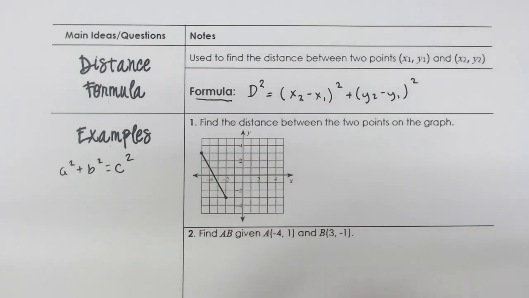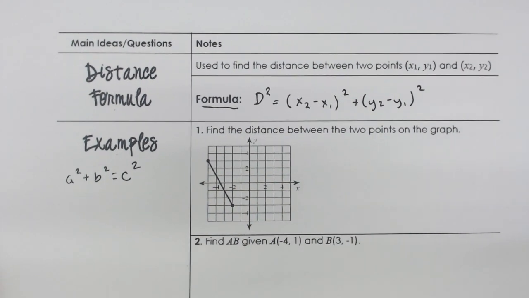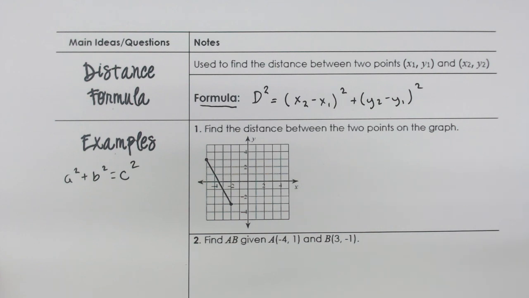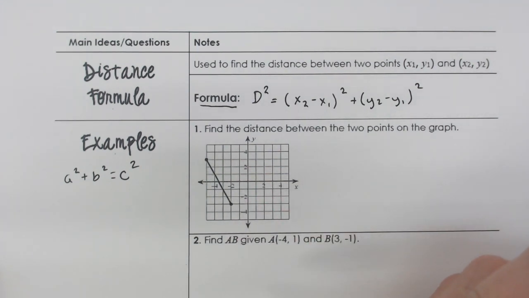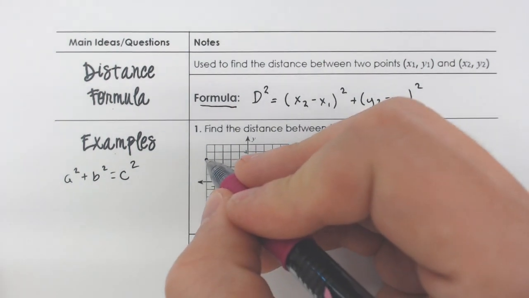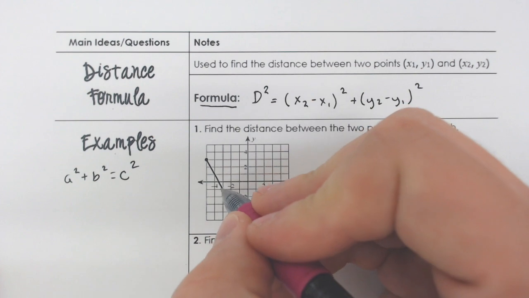All right? So, knowing that this is the Pythagorean Theorem, and knowing that the Pythagorean Theorem is probably a little easier to do when you're given a graph, my recommendation is to draw a right triangle. So here we have this angled line.